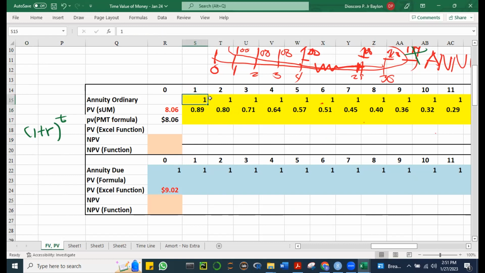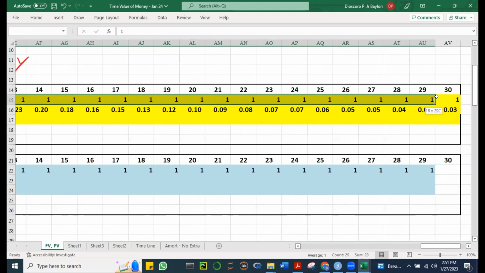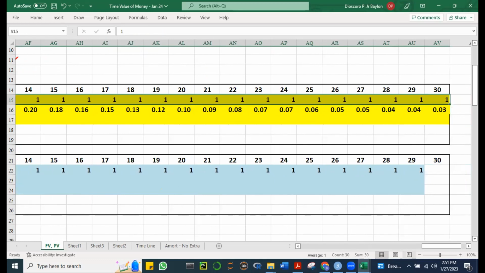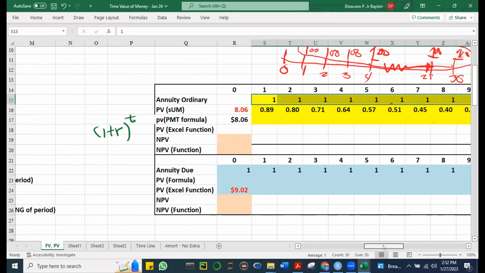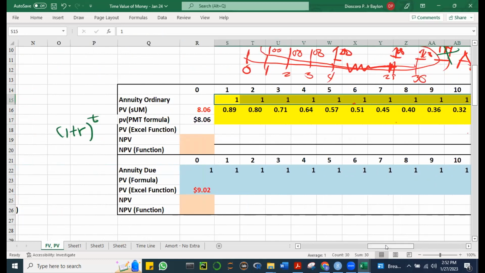We cannot just add, of course, the cash flows because they belong to different time frames. So how do we know, for example, the equivalent present value of an ordinary annuity or an annuity due? It's actually very easy. It's just conceptual.